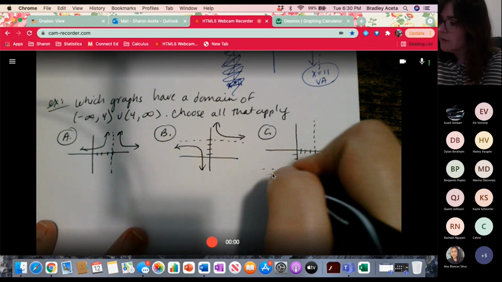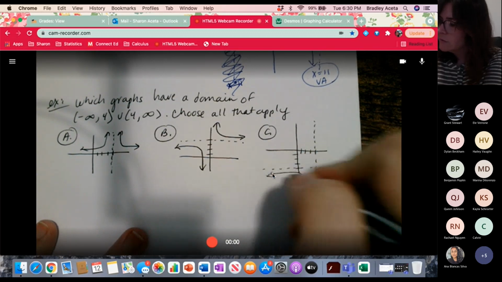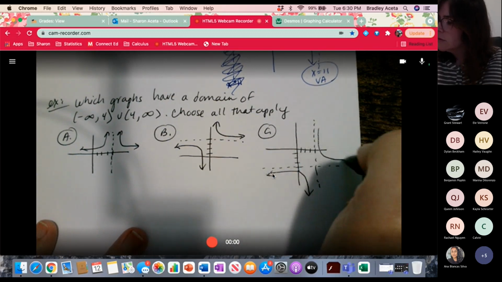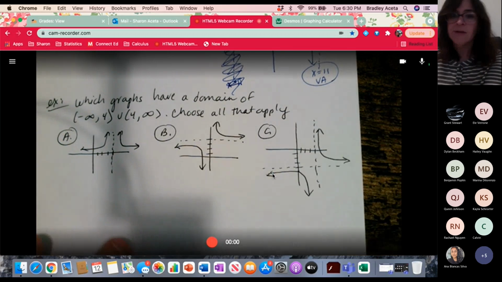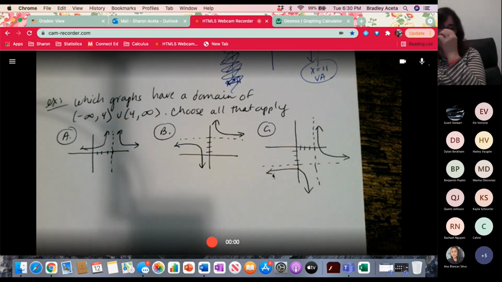And you've got a hook here and a hook here. So here are your pictures.